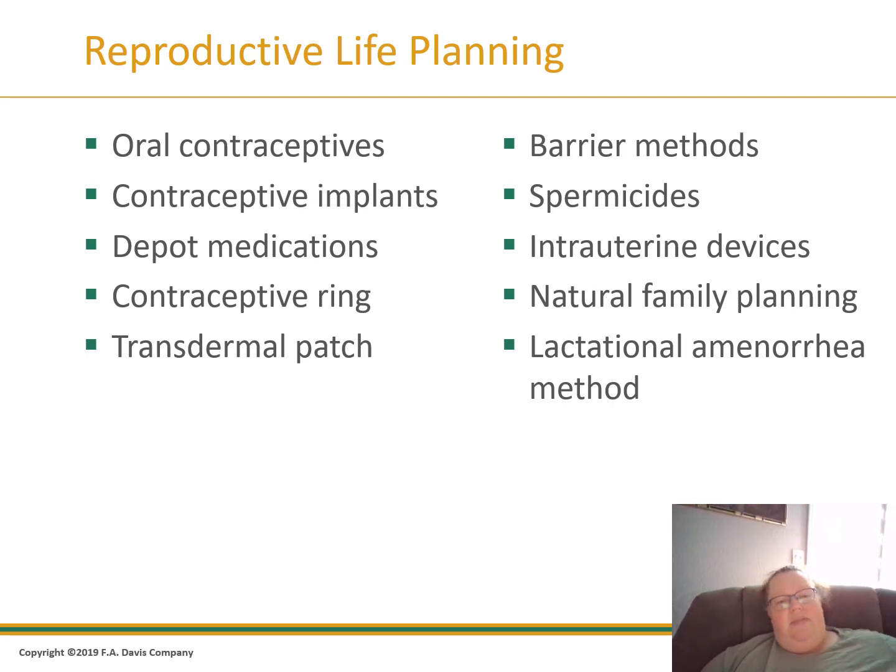So reproductive life planning: you have your oral contraceptives, your contraceptive implants, depot medications, which is your depot shot, right? Your contraceptive rings, transdermal patches, barrier methods, spermicides, intrauterine devices, natural family planning, and of course the lactational amenorrhea method.